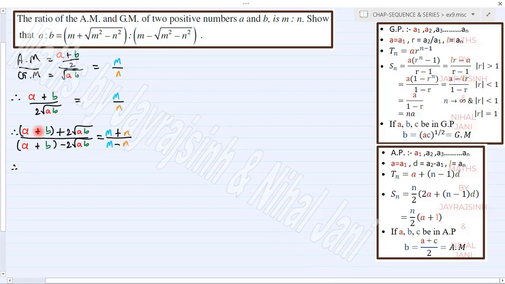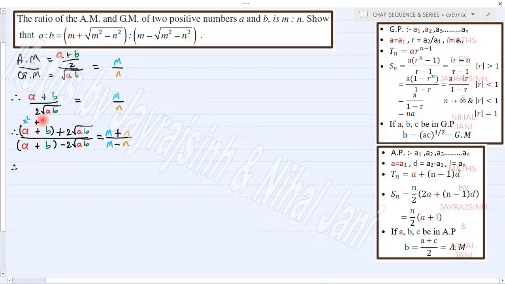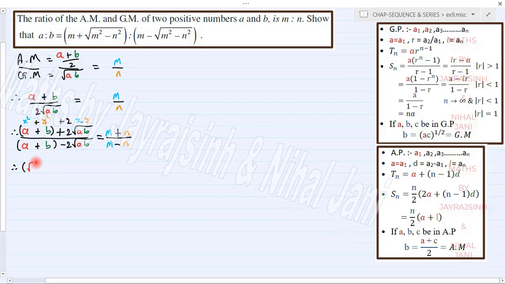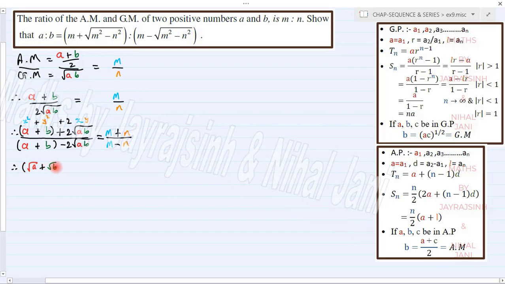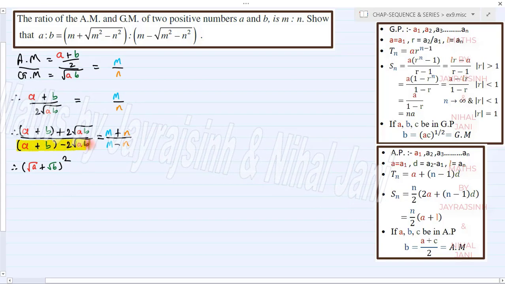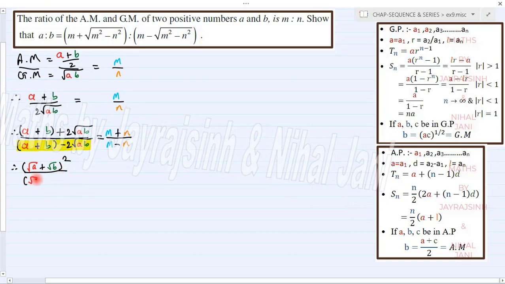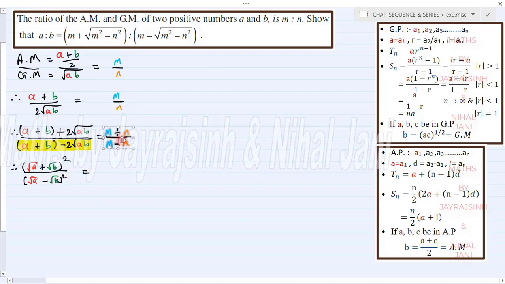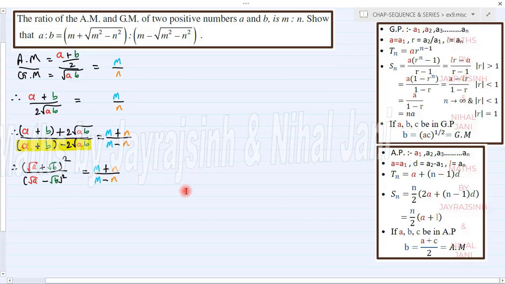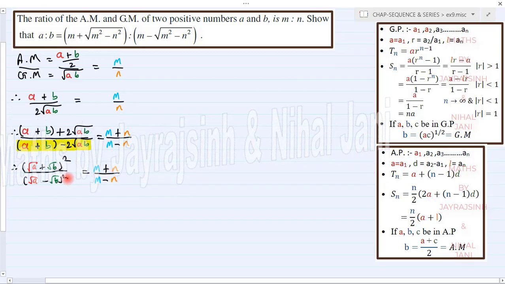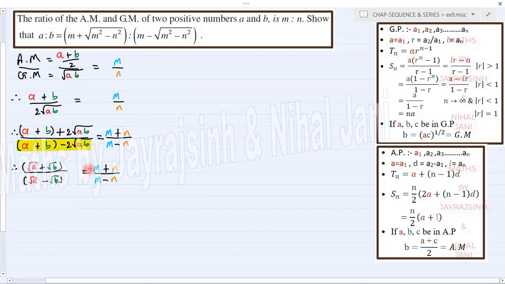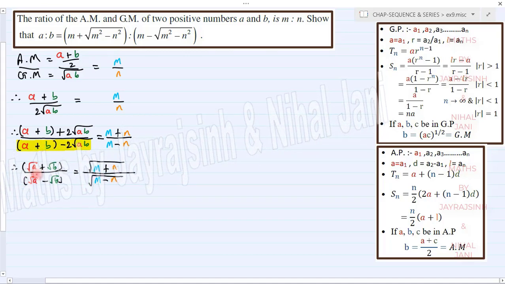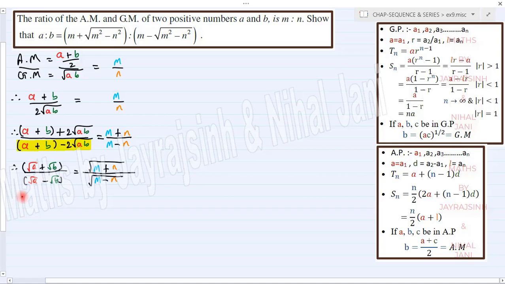So, on the left hand side, we get x square plus y square plus 2xy, or we can say the whole square of root a plus root b. Similarly, in the denominator, we have the whole square of root a minus root b, equal to m plus n and m minus n. Now, to remove this square, we have to take root on both sides. So, we'll get under root of m plus n and under root of m minus n, and root a plus root b and root a minus root b.